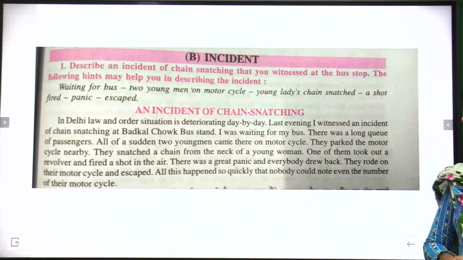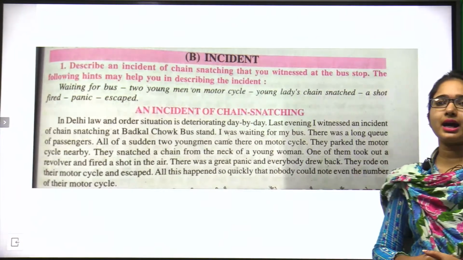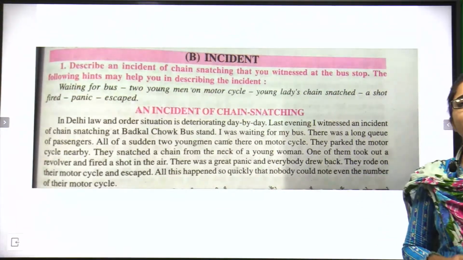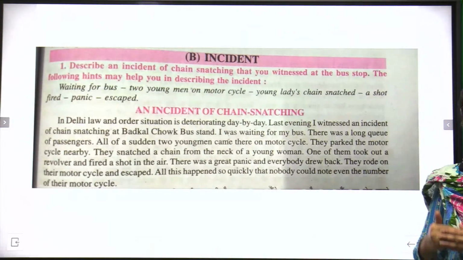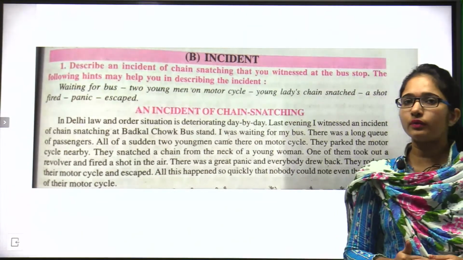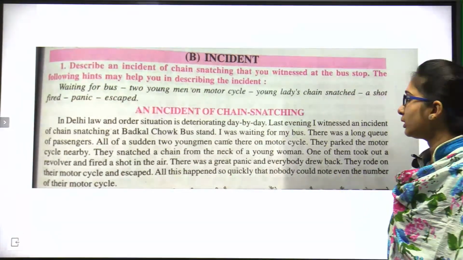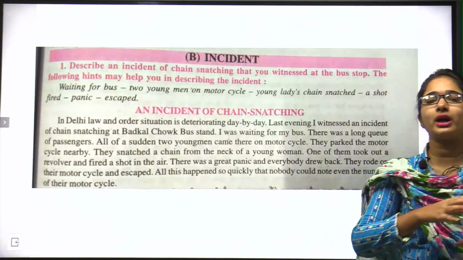So by reading and learning this incident, we came to know how to write an incident. First, we have to give the introduction of the incident, what incident we are going to describe. After that, we have to tell the venue, where you were.